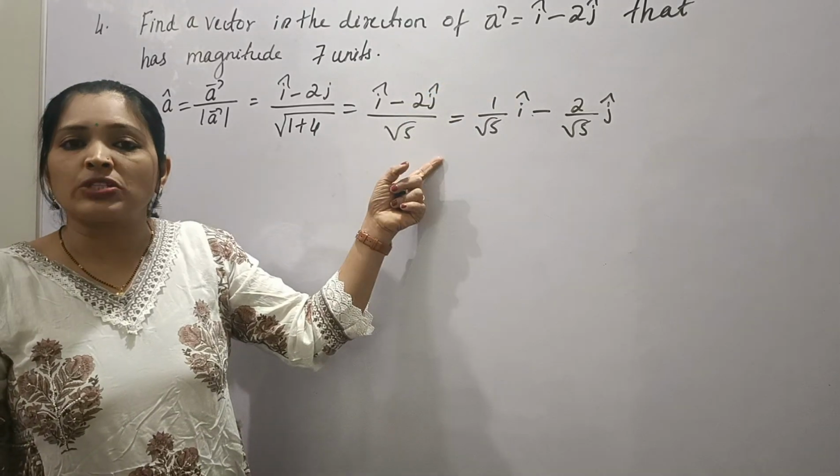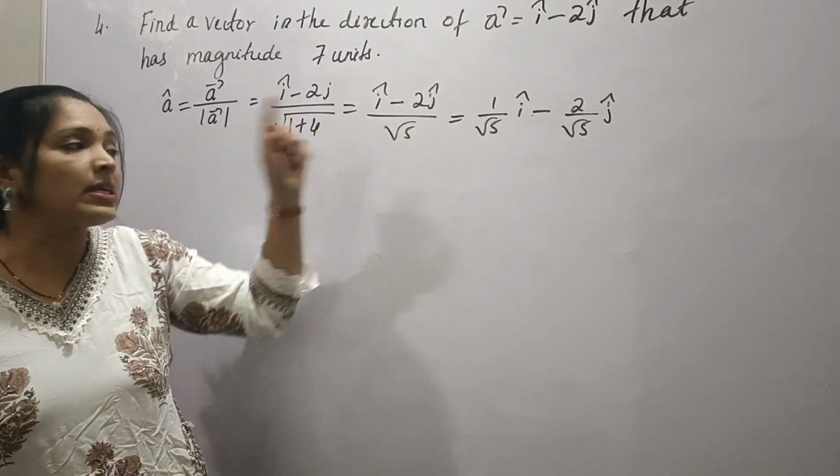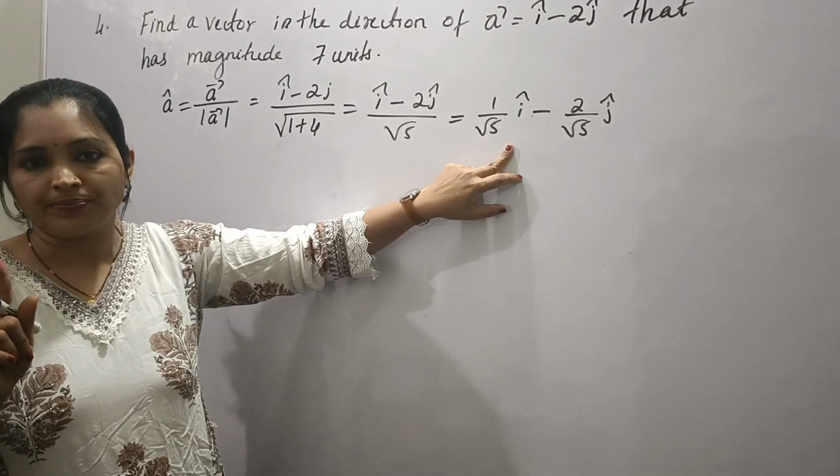Right? Because it is the unit vector of vector A, therefore it is in the same direction of vector A. And what is the magnitude of this vector? Since it is a unit vector, its magnitude is 1 unit.